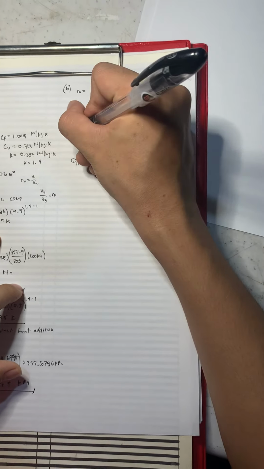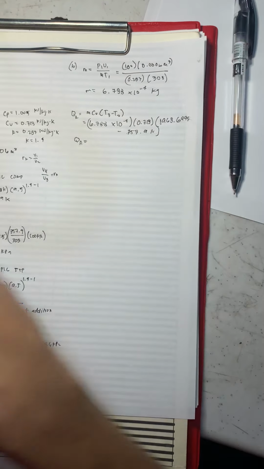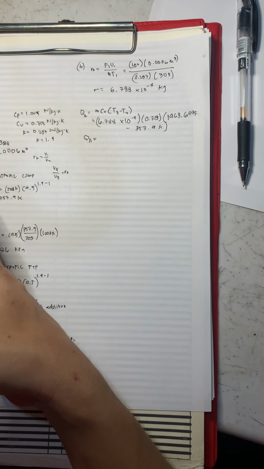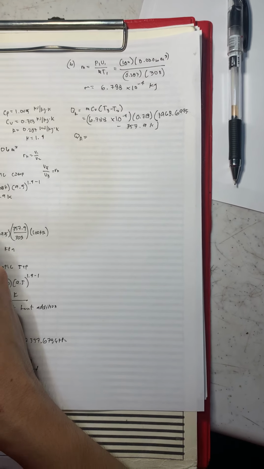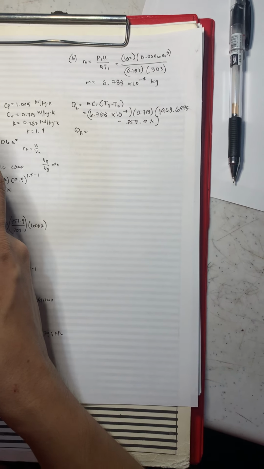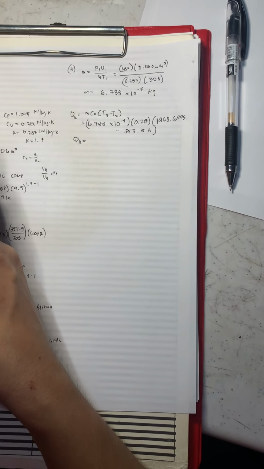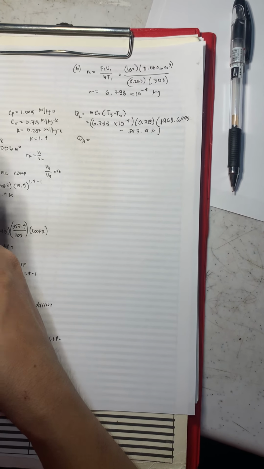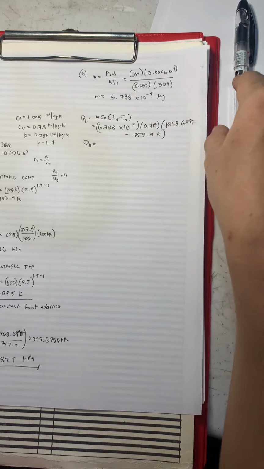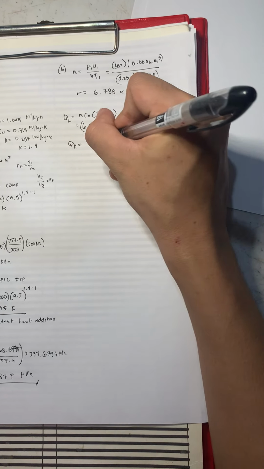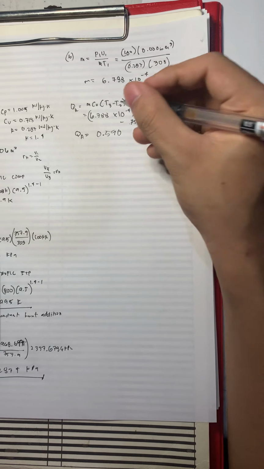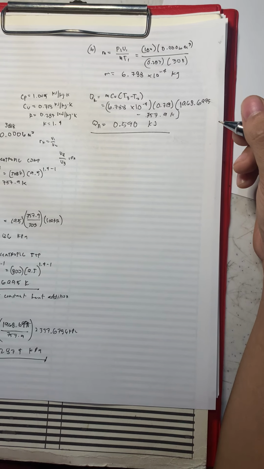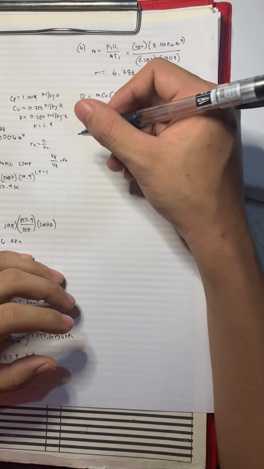Solving for QA, 0.590 kilojoule. Now that is QA.